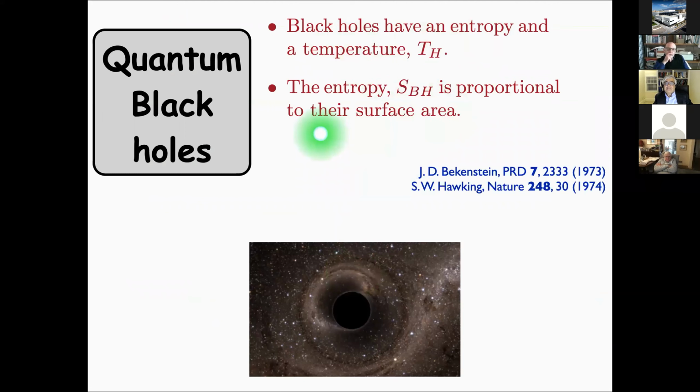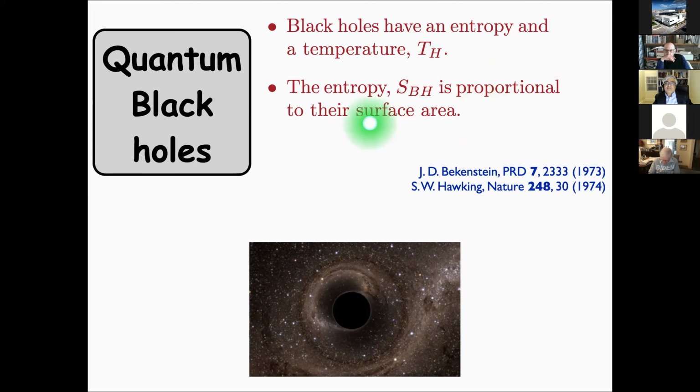So one of the remarkable things, and this is of course one of the keys to holography, is that unlike any other physical system that we know of, the entropy of a black hole is not proportional to its volume, but to its surface area. Intuitively, you could understand this from the fact that it's because of the entanglement across the horizon that the black hole has an entropy, and that horizon is the surface area of the black hole.